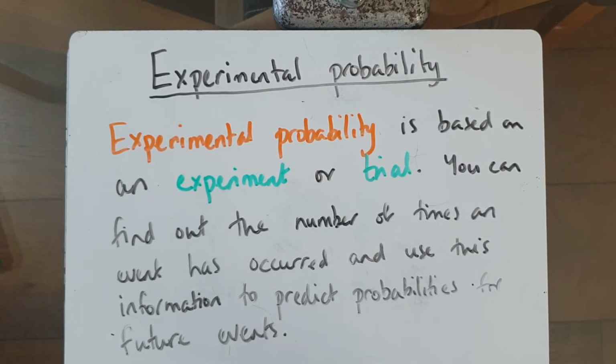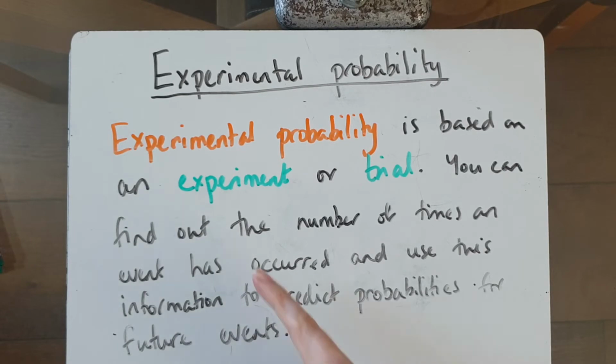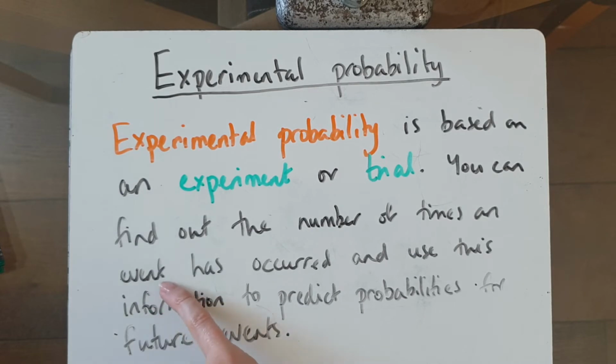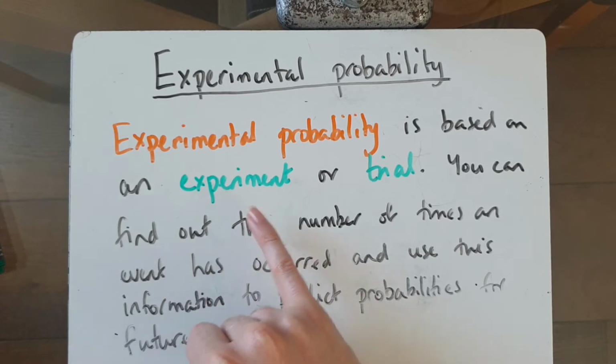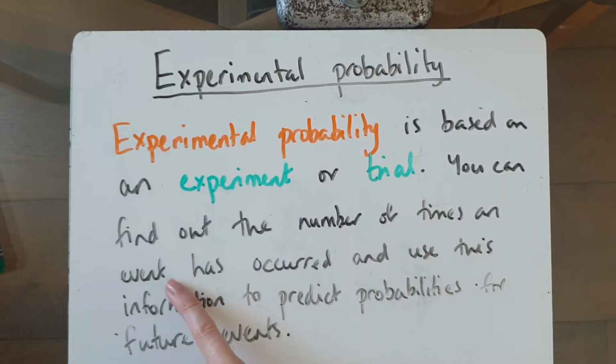So in what we've written down, let's say we were talking again about flipping a coin. The experiment or the trial would be the number of times you flip the coin, but a particular event would be an outcome that you are particularly interested in. So the experiment or trial could be flipping the coin overall, but the event could be it landing on tails.